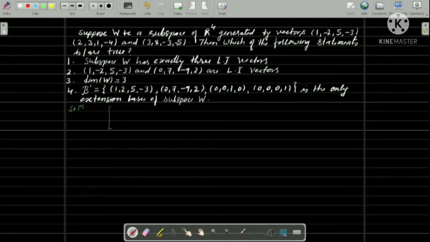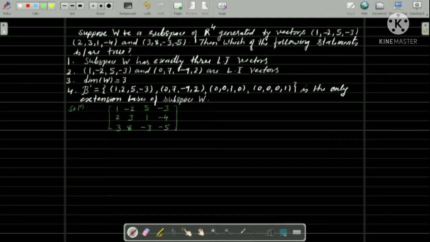That is first vector (1, -2, 5, -3), second vector (2, 3, 1, -4), and third vector (3, 8, -3, -5). Now we will find the row reduced echelon form.